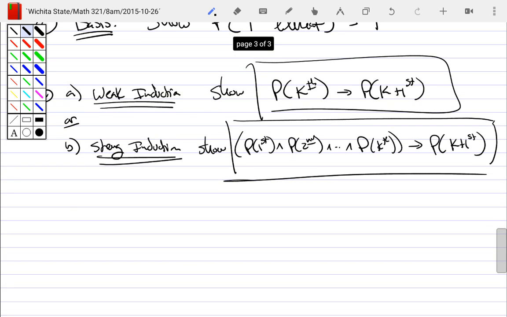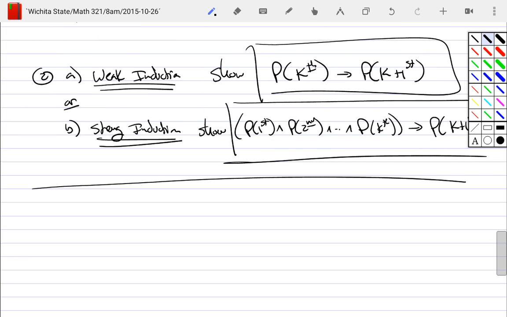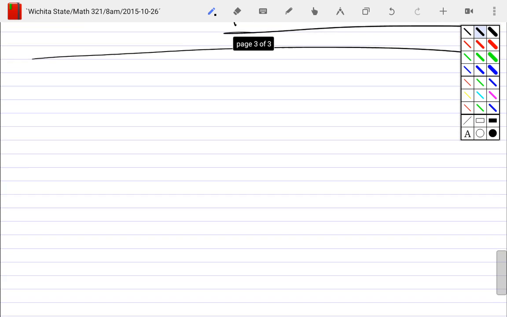All right, let's try the simplest example, which is the one I had you guys hand in. Okay, so example.